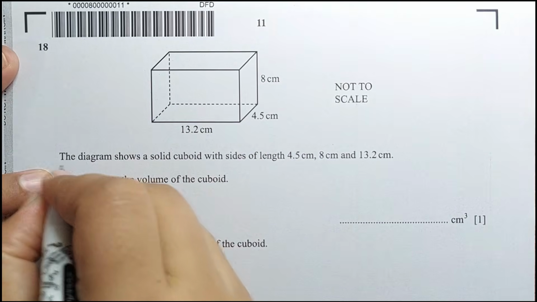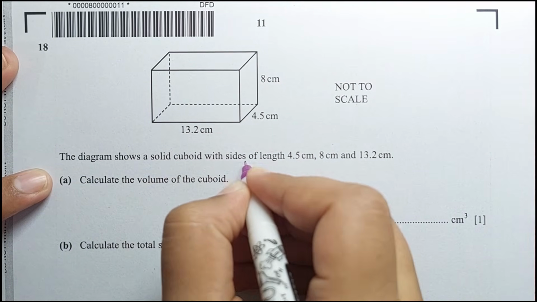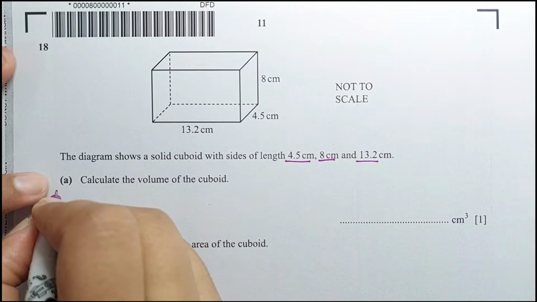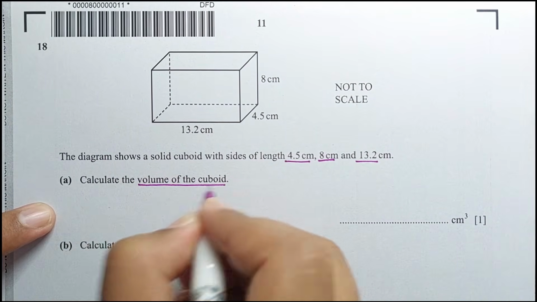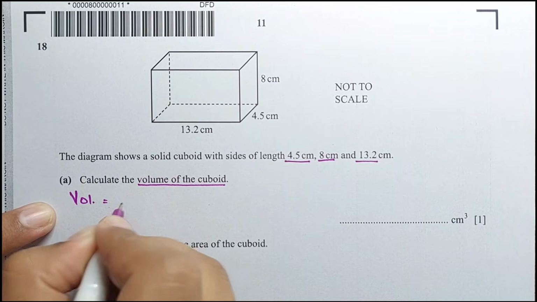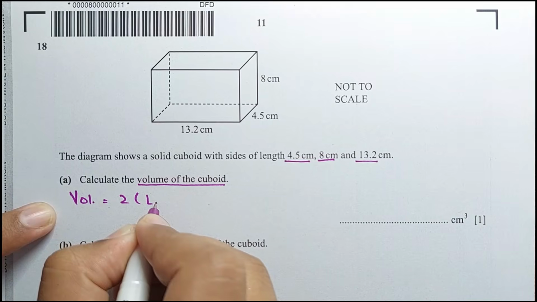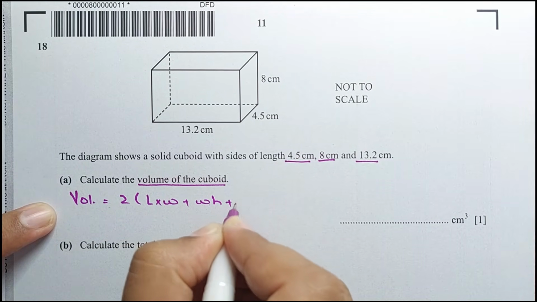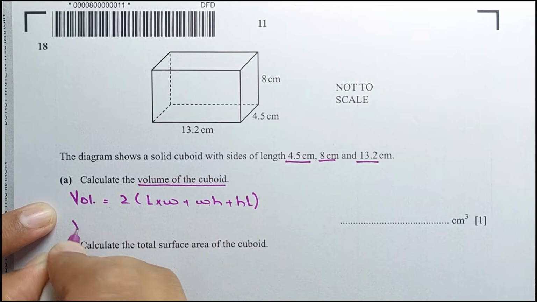Question number 18. The diagram shows a solid cuboid with side lengths 4.5, 8 and 13.2. Part A, calculate the volume of the cuboid. The formula is 2 times (length times width plus width times height plus height times length).